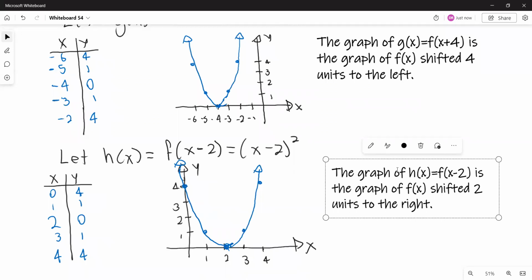So here's the summary of horizontal translations. That's on page 268. I'm going to copy the summary.